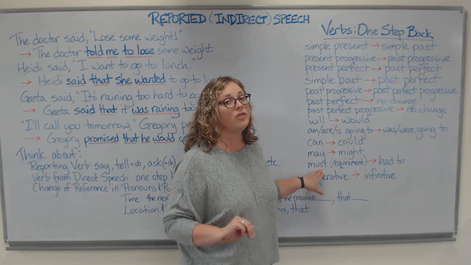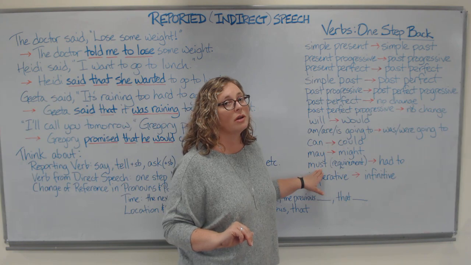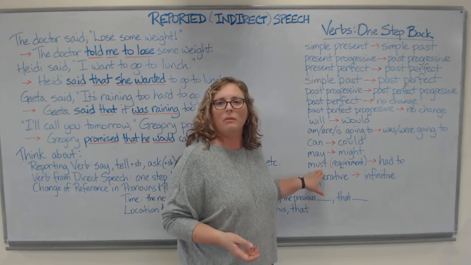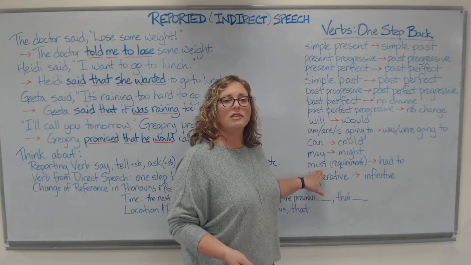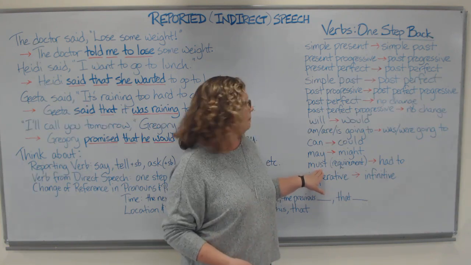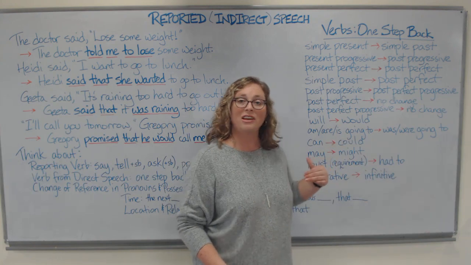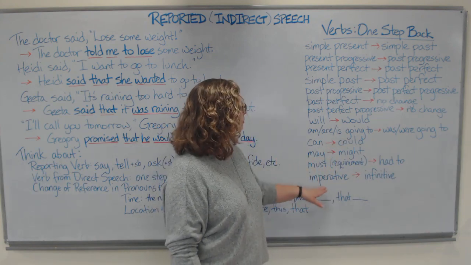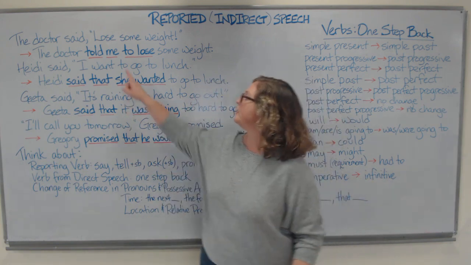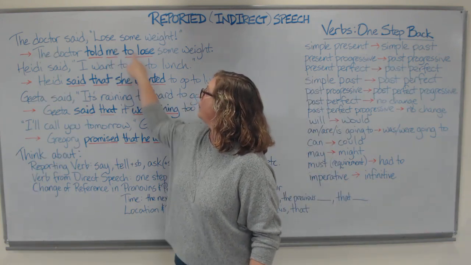We don't use this very much in American English. But if somebody used must as a requirement, you must stay in your seat, then it changes to had to. She told us we had to stay in our seat. An imperative to infinitive. That's this right here.